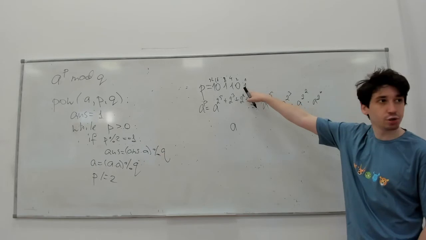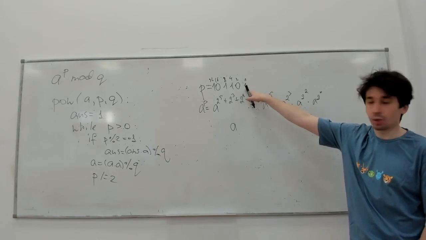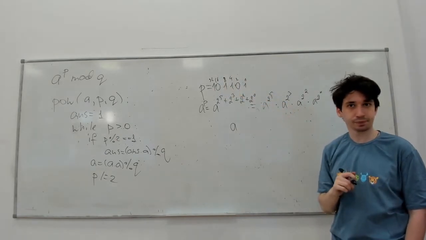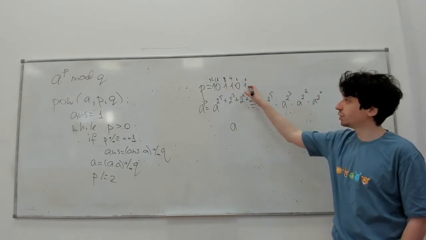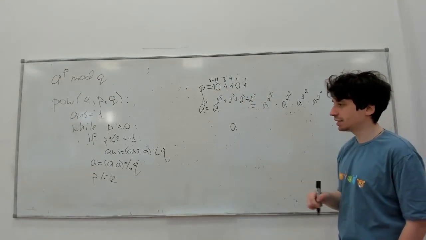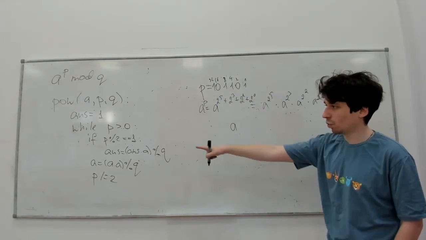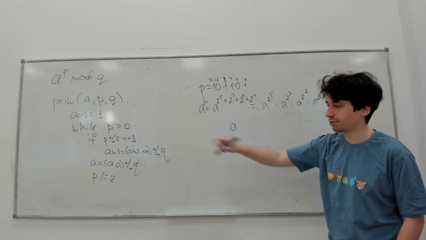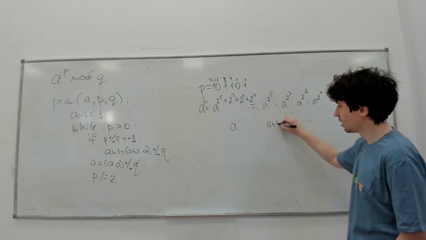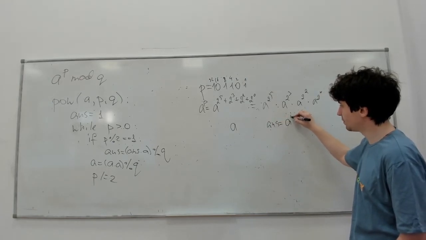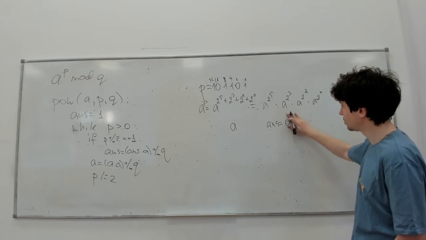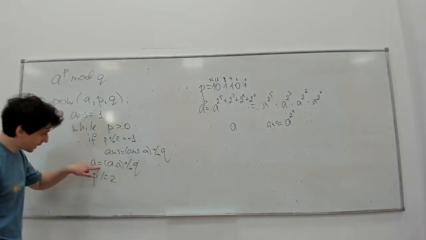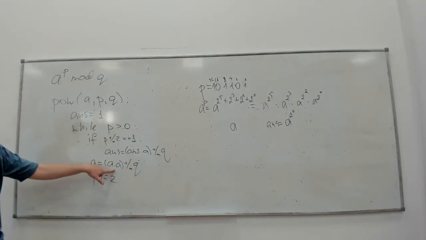We are going from right to left over the bits. At the beginning it is A, and P modulo 2 is equal to 1, so we multiply the answer by it. So ans equals A to the power of 2^0. Then what's happening? Then we take A and square it.